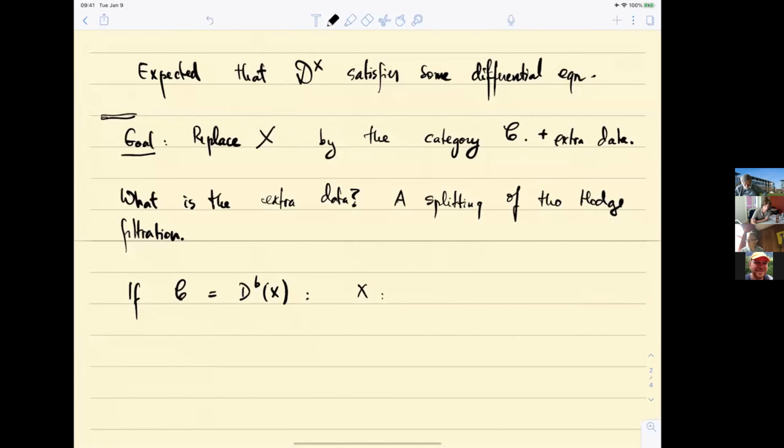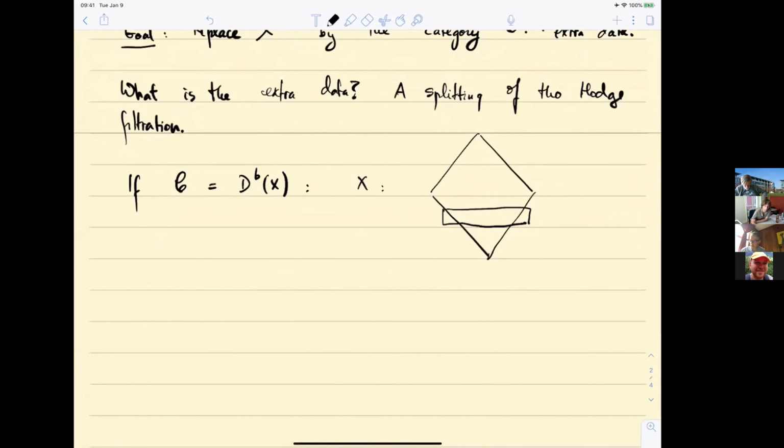So if you were to write down the Hodge diamond of X, and you were to look at one of the rows of the Hodge diamond, the row itself would look something like this: H^{k,0}, H^{k-1,1}, up to H^{0,k}.